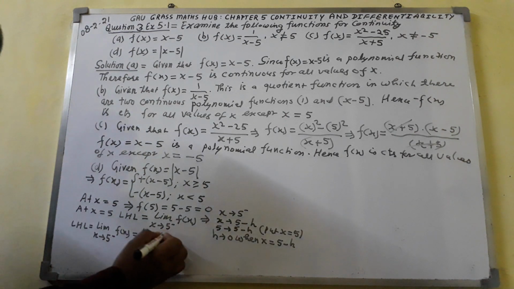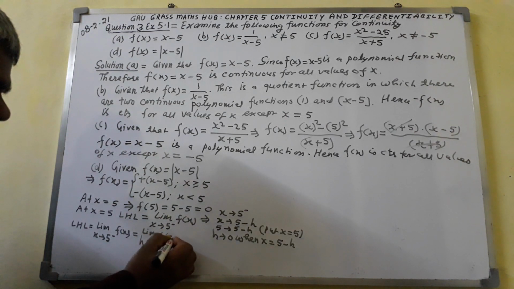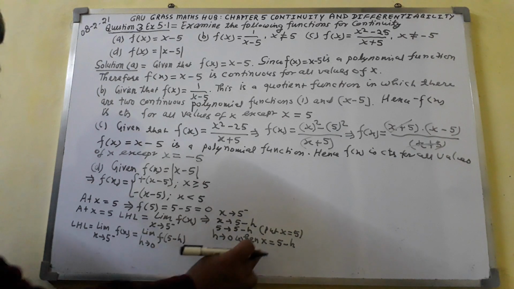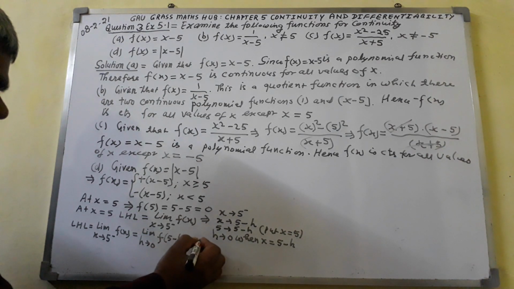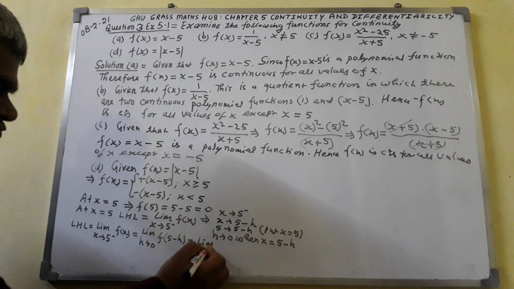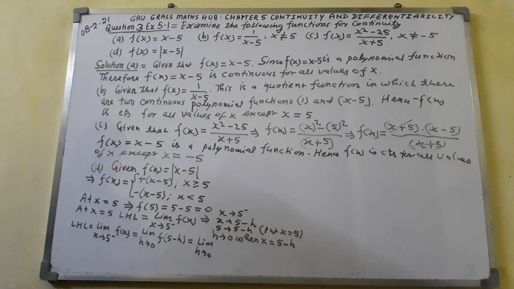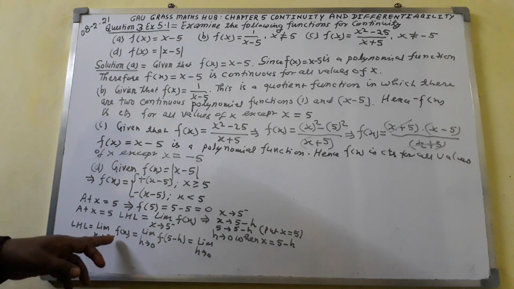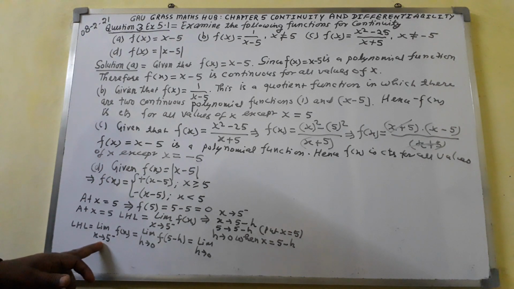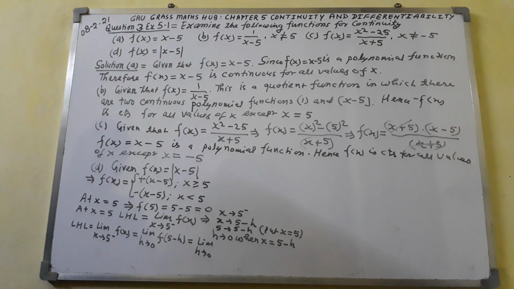So what will we get here? The limit as h tends to 0, and for this one you can see x tends to 5 negative. Left hand limit means the value of x will be less than 5.